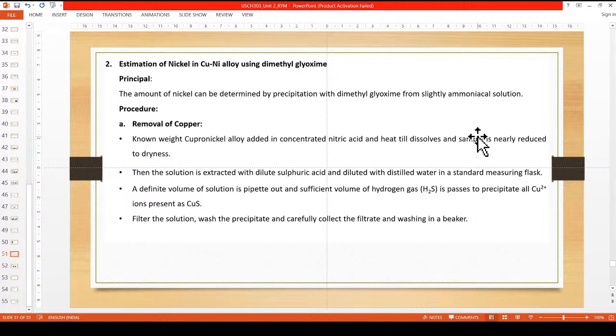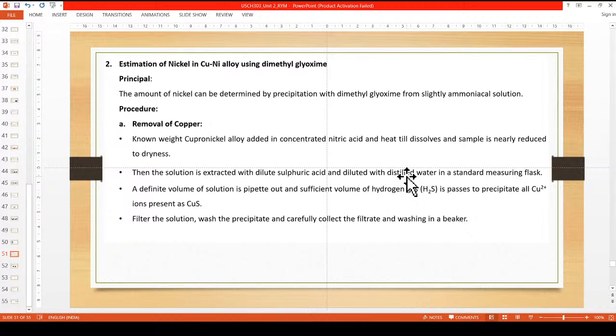So you mix them in 3:1 quantity, concentrated HCl and HNO3, heat it, you will get solution of copper nickel alloy. To that clear solution pass H2S gas. ओके, H2S गैस पास करने के साथ क्या हो जाएगा, your copper will precipitate as black precipitate of copper sulfide. Okay, CuS, copper sulfide.